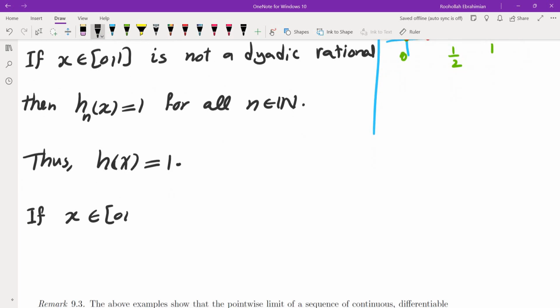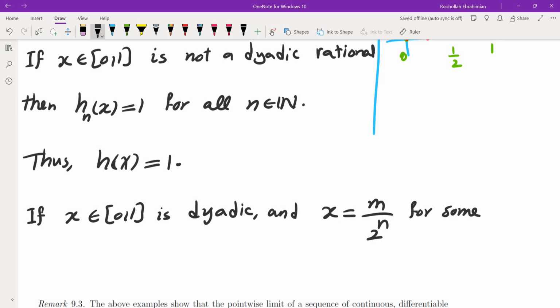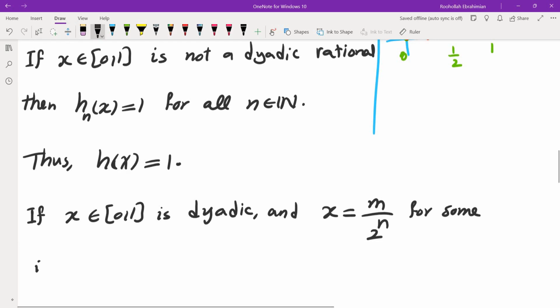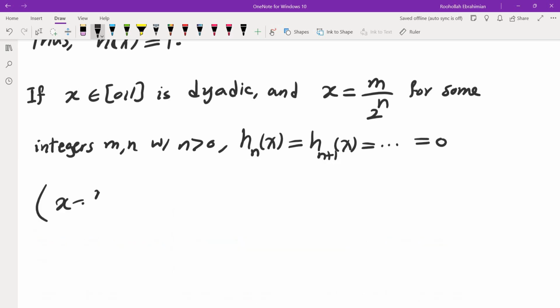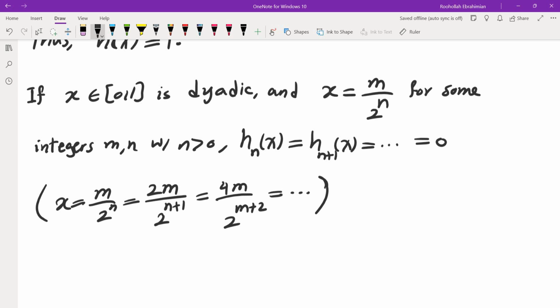If x between 0 and 1 is dyadic, and x is m over 2 to the power of n for some integers m and n, with n being positive, then hn of x, hn plus 1 of x, all of these are 0, because if you can write down x as m over 2 to the n, you can also write it down as 2m over 2 to the n plus 1, 4m over 2 to the n plus 2, etc. So everything after hn would be 0.